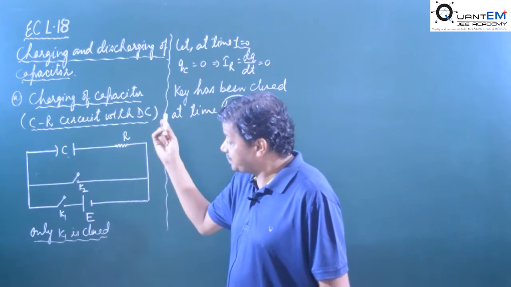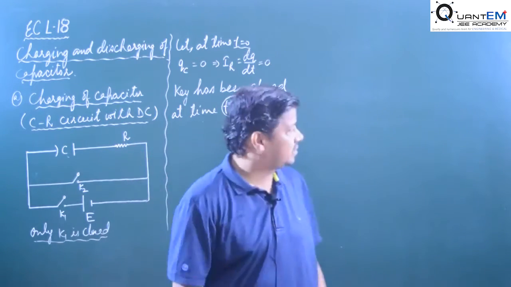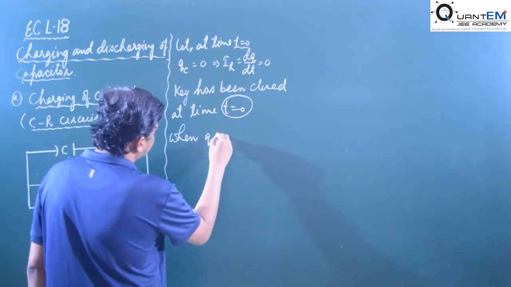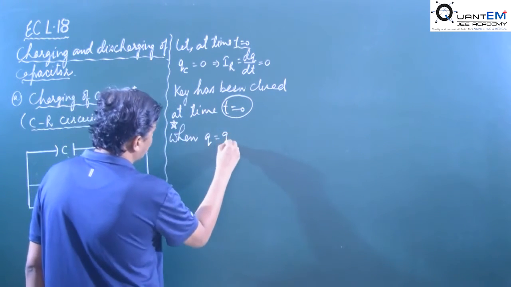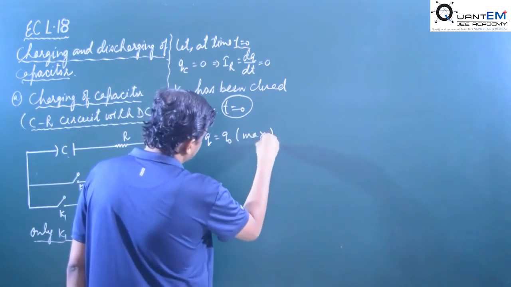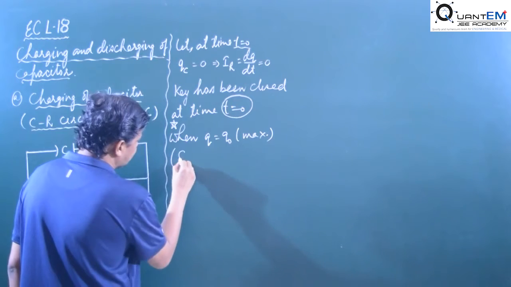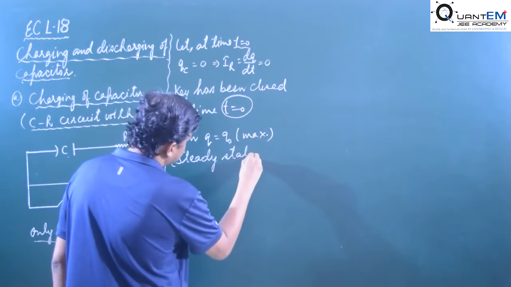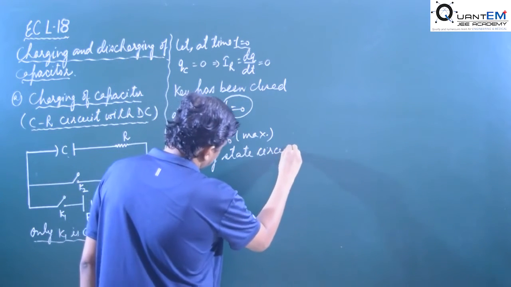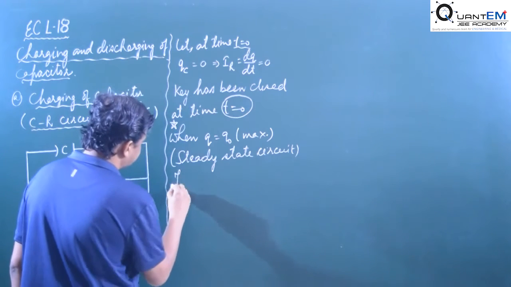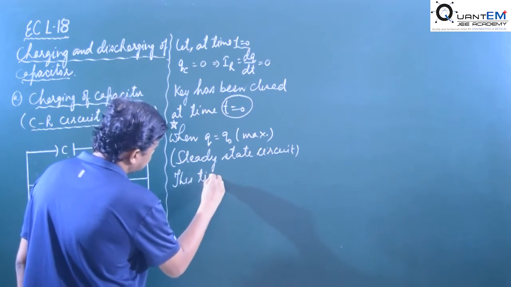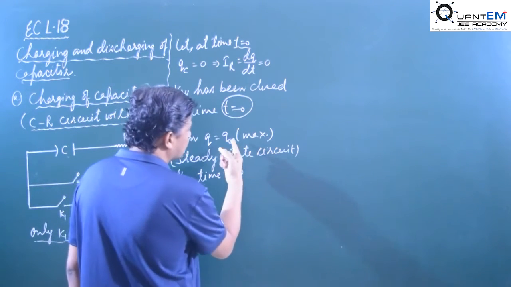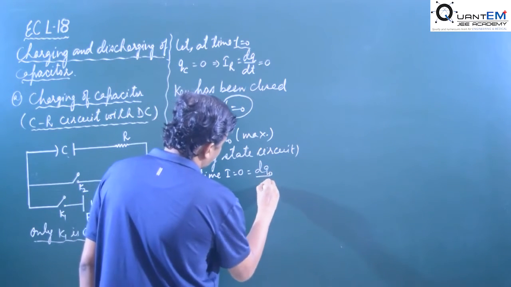The current will be 0. So when Q is equal to Q naught, that is the maximum charge across the capacitor, the current in the circuit I will be equal to 0, because that is dQ naught by dt.